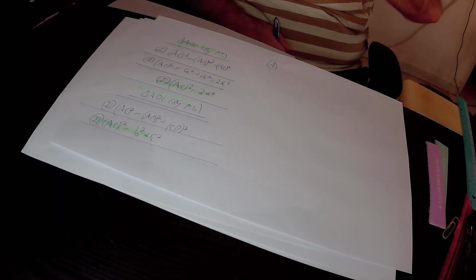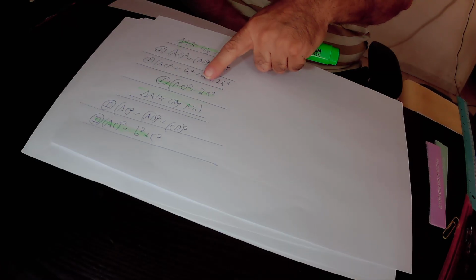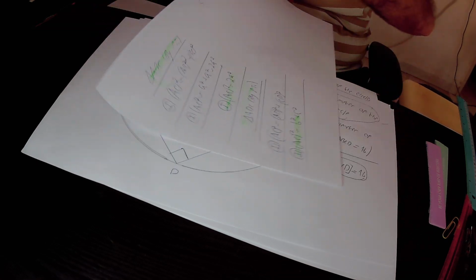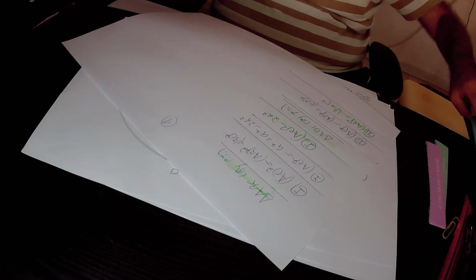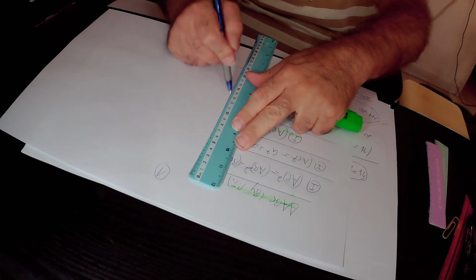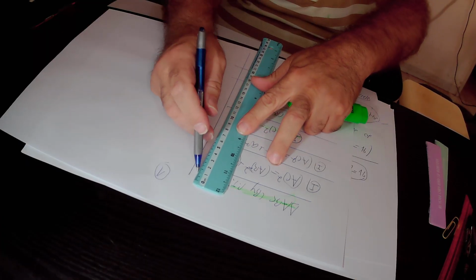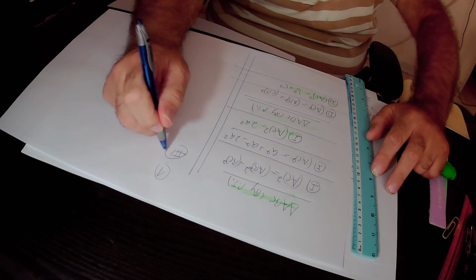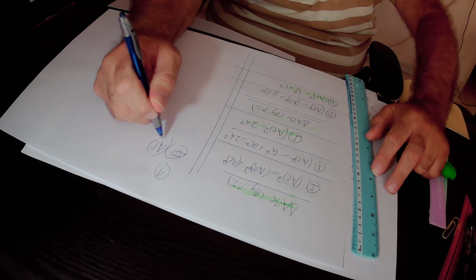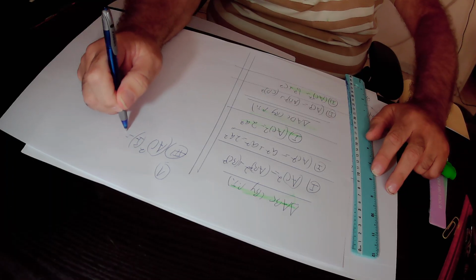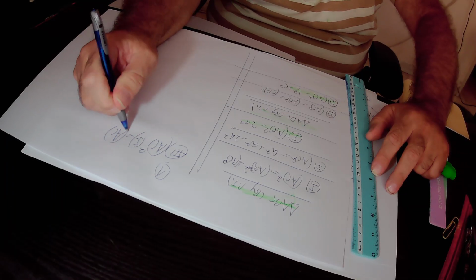So in the next step, we get equation 3 that says that AC square according to equation 1 must be equal to AC square according to equation 2.